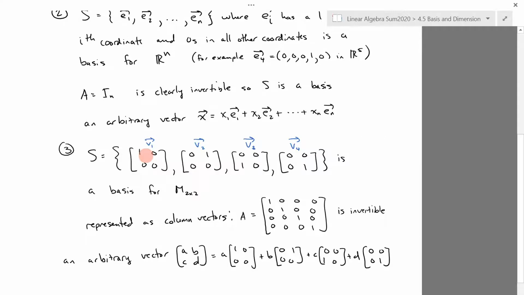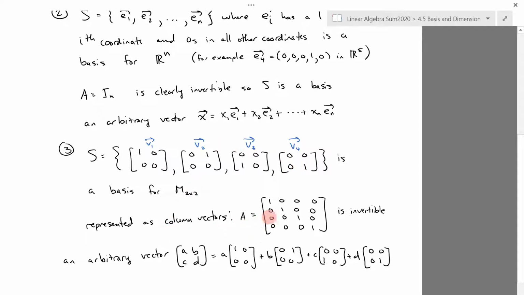So you notice how in each basis vector I have a 1 in one of the coordinates and 0 in all the other coordinates. So this has a 1 in the top left coordinate, this has a 1 in the top right coordinate, this has a 1 in the bottom left coordinate, and this has a 1 in the bottom right coordinate.